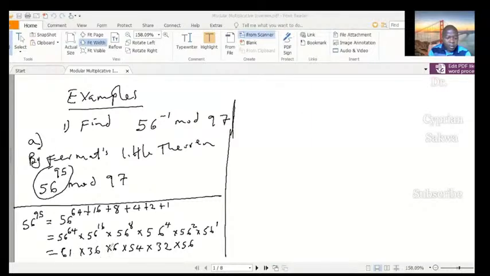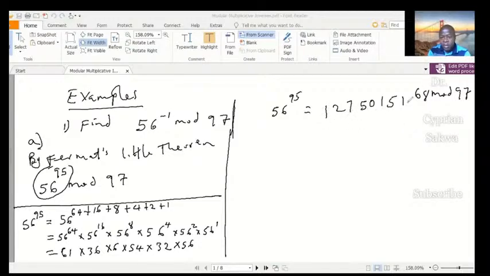So when you multiply this with a calculator, and remember it's mod 97, you find that 56 raised to 95, when you multiply with your calculator, 61 times 36 times 6 times 54 times 32 times 56, using my calculator I'm getting 12751568 mod 97. Don't worry about how I am writing slanting, there's no problem.